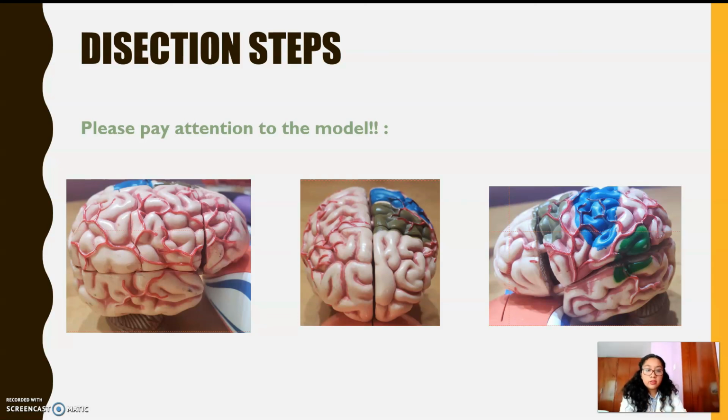Then we will make another type of cut here, which will be a sagittal cut, so we can see what is inside of the brain. Also, we will see one part of the cerebellum here, and if we have the time, the spinal cord.